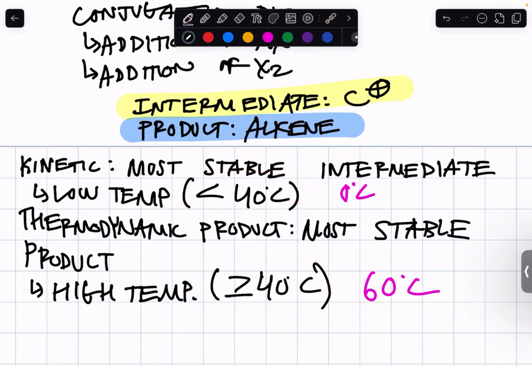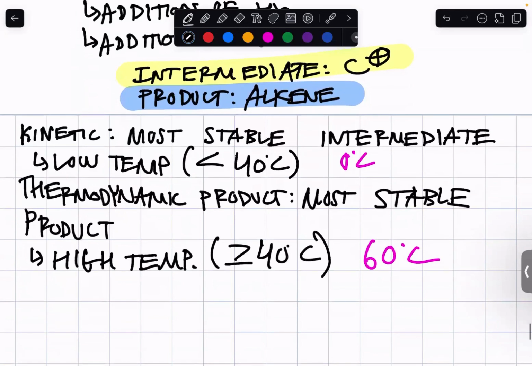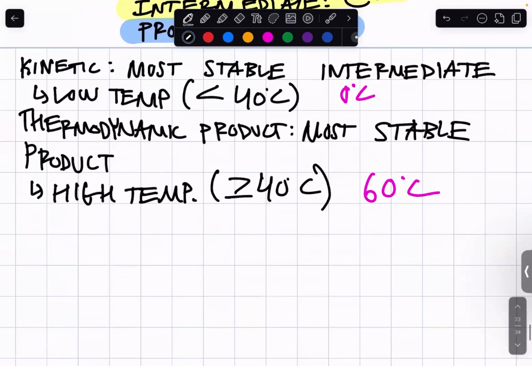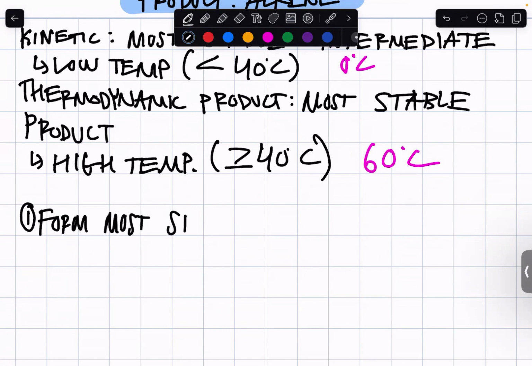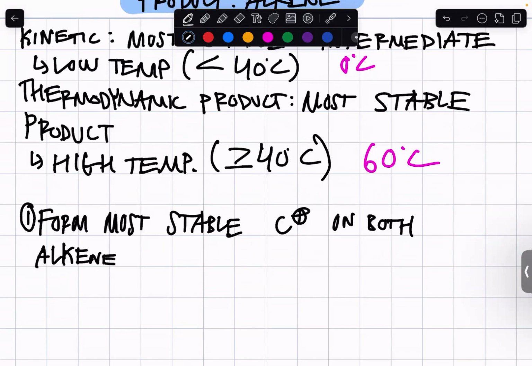Okay. So now here's my step-by-step process for these types of problems. It takes 4 to 5 steps. The first step is to form the most stable carbocation on both alkenes, because we're working with conjugated dienes here. There are 2 alkenes that are conjugated, and when we add HX or X2 to it, one equivalent, there are 2 alkenes to work with.